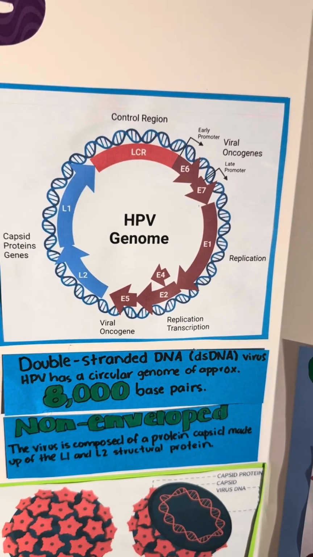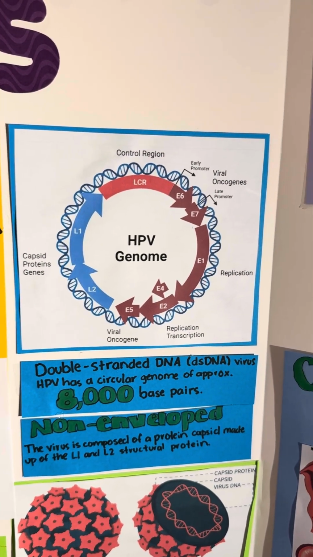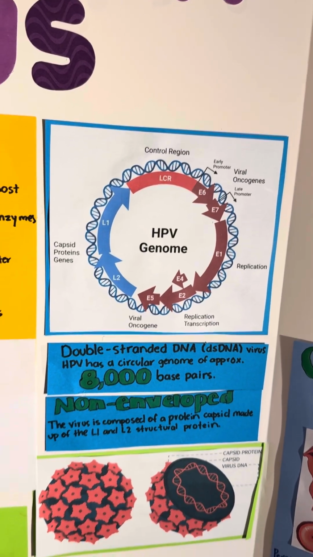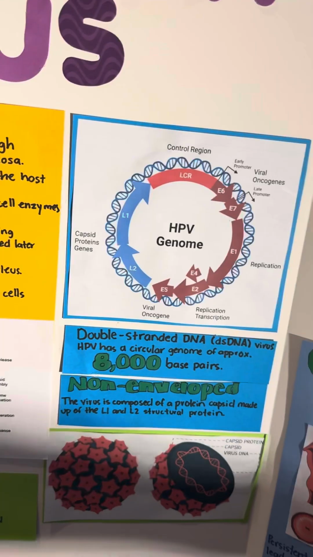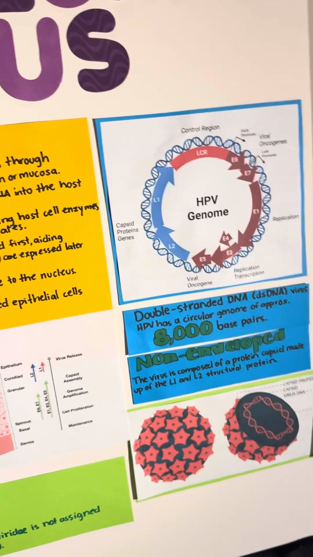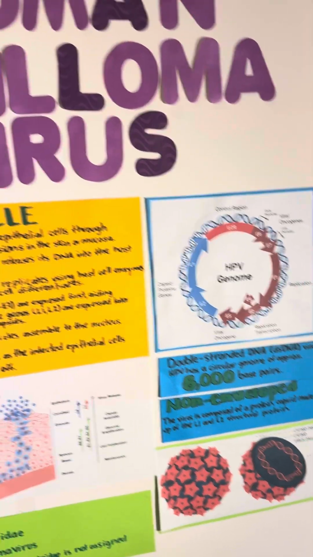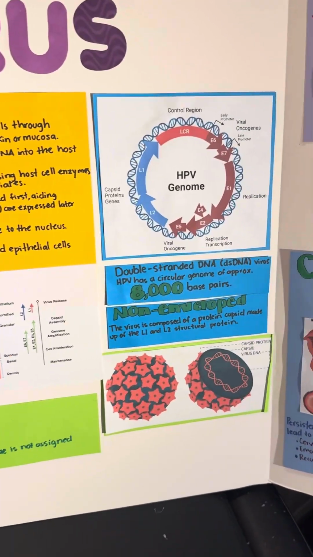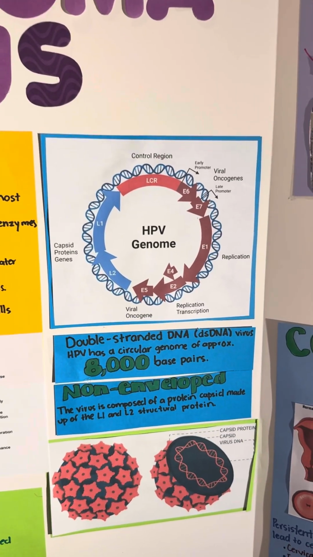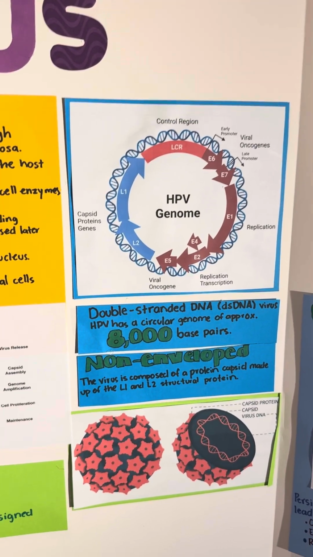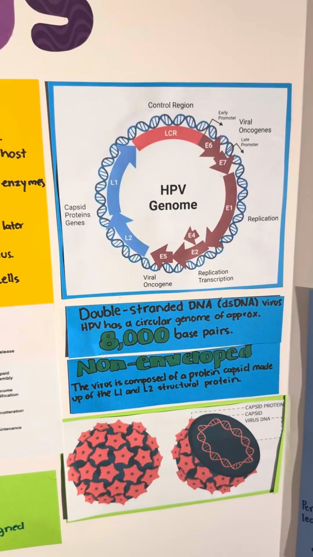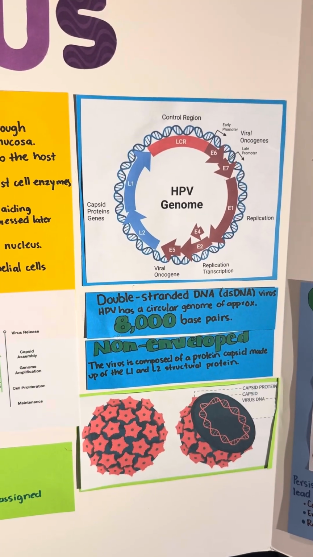Something important to mention is that the type of genetic material is double-stranded DNA, or better known as dsDNA. And something important and super curious to me, that I really like to learn about, is the circular genome shape.